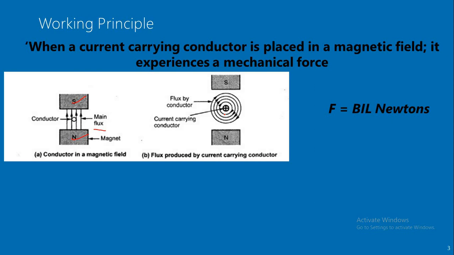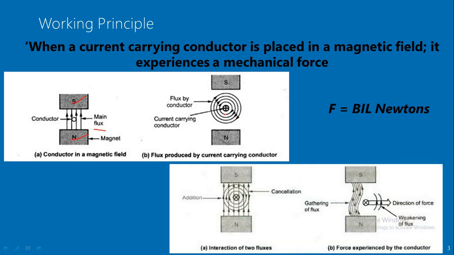Now we'll check the interaction between the two fluxes produced in the rotor and stator. Now the direction of flux is clockwise. This direction of flux you can get from Lorentz law.